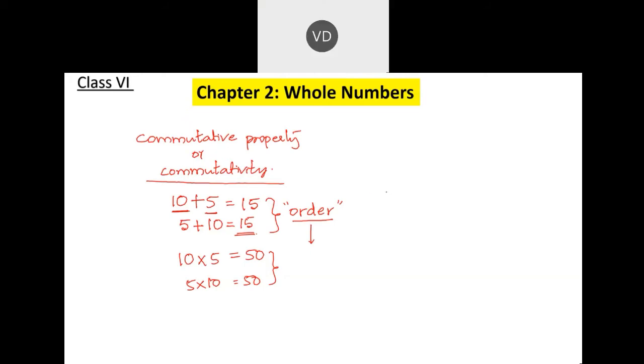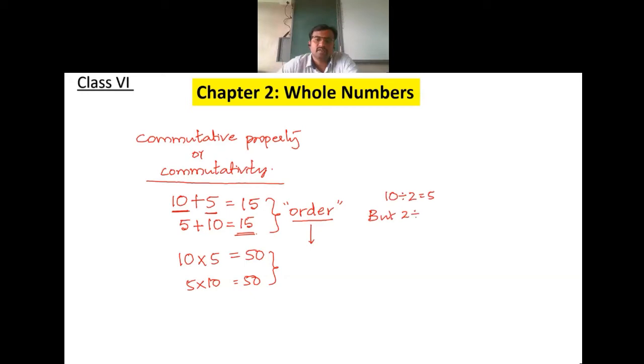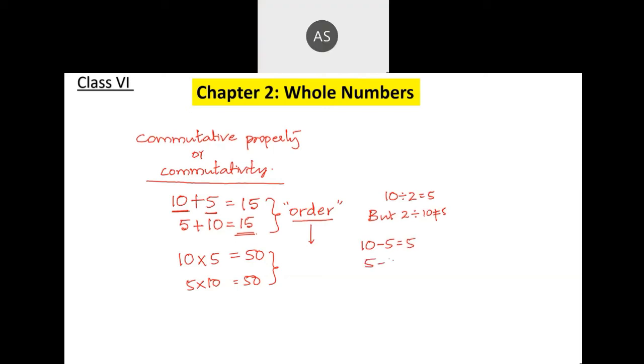If I say that 10 divided by 2, we get 5. But 2 divided by 10 is not equal to 5, it is 0.2. It does not have the commutative property. Consider 10 minus 5, we get 5, but 5 minus 10 is not equal to 5.